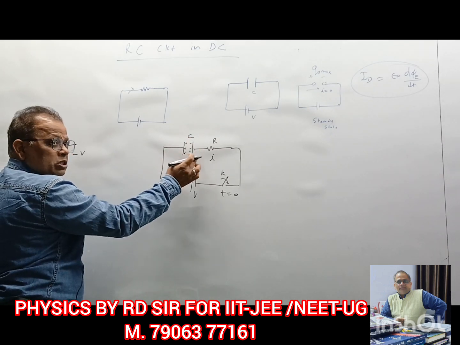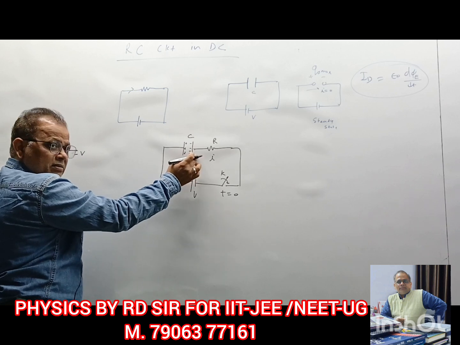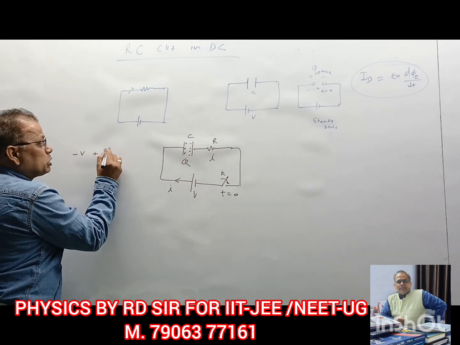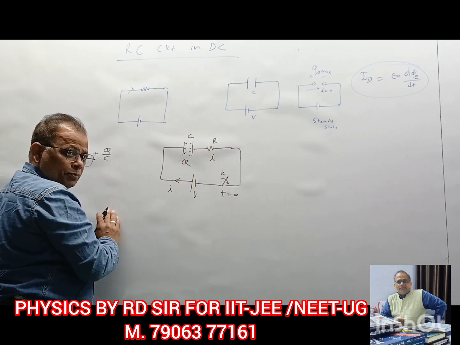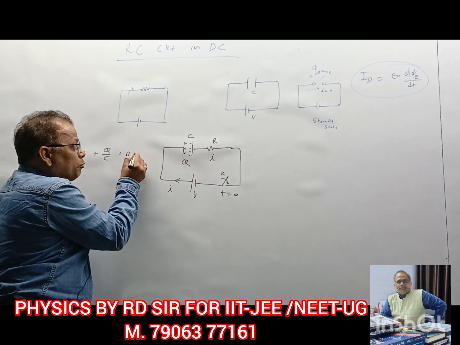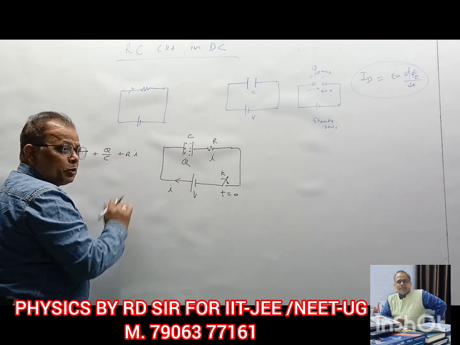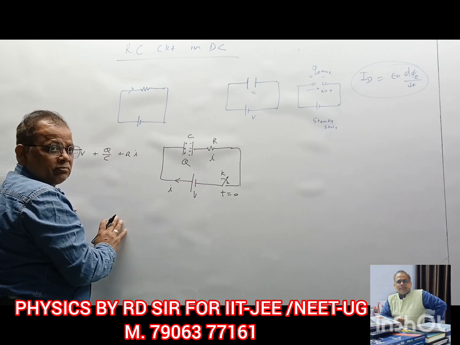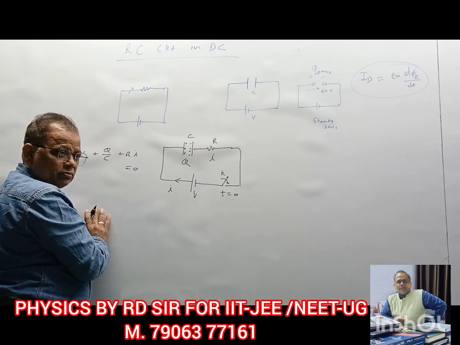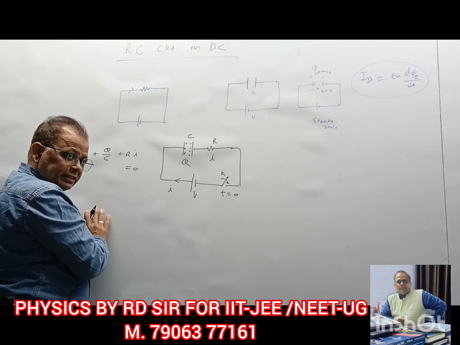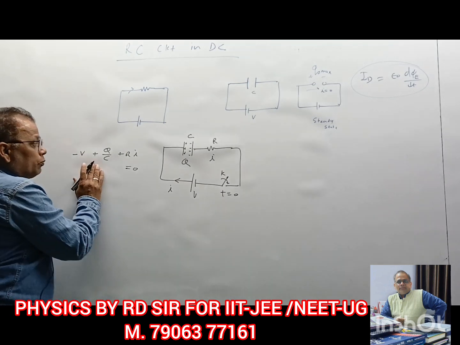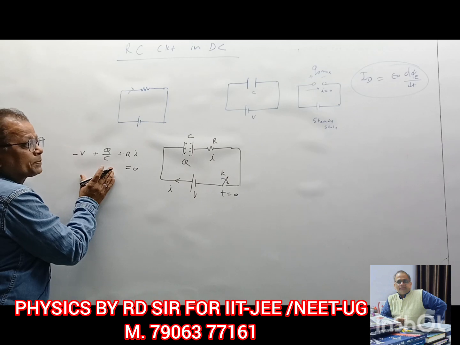The voltage drop across the capacitor from plus to minus is plus Q by C. And the voltage drop across the resistance, moving in the direction of current, is plus IR, and the sum is equal to 0. Are you getting my point, students?